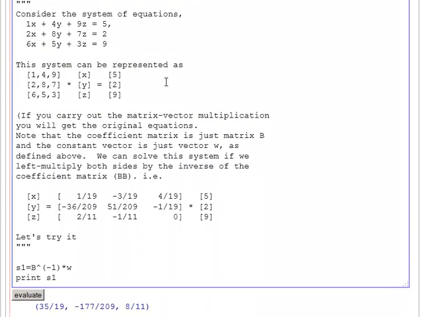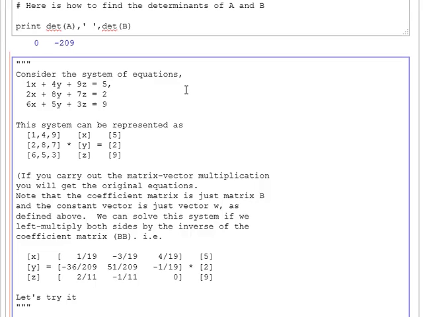Okay. Next application. Consider a system of equations, and here I took 3 equations and 3 unknowns. We could just as well have taken any number of equations and the same number of unknowns. So here's x, y, z, and a constant on the other side. Notice that you can represent the left-hand side of this system of equations as a matrix dotted with a column vector of x, y, and z.